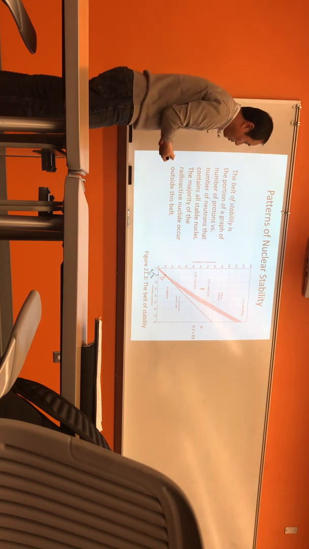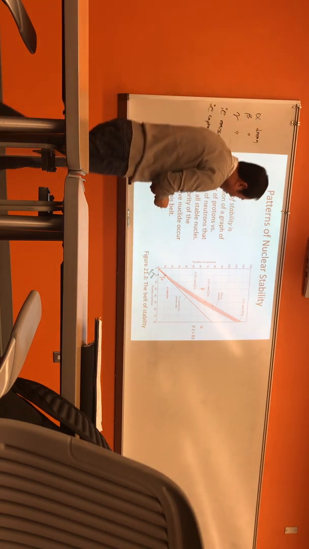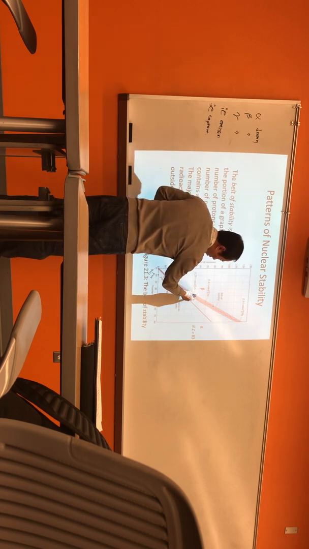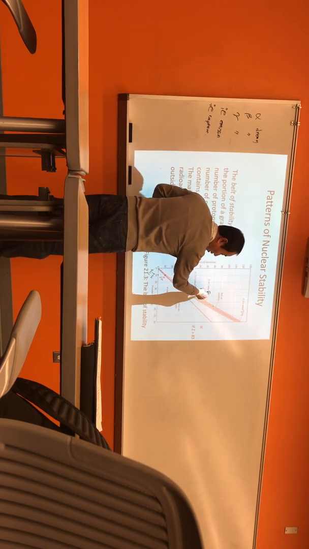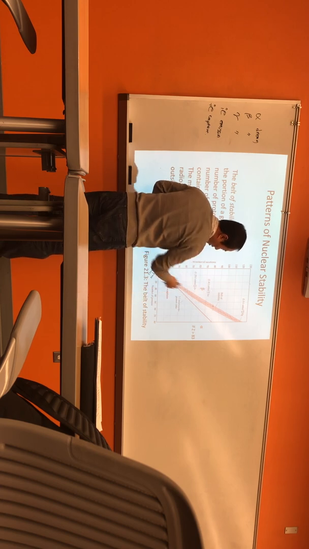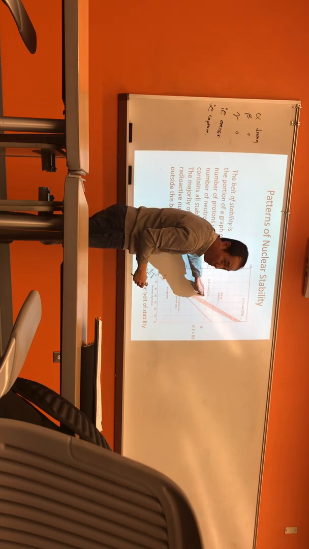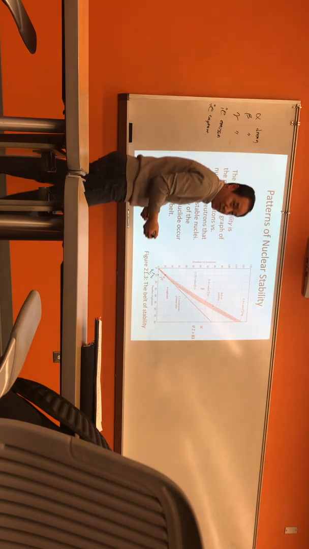It's just stable. But if you have too many neutrons for a given number of protons, so that it goes above the belt, then it's not stable.